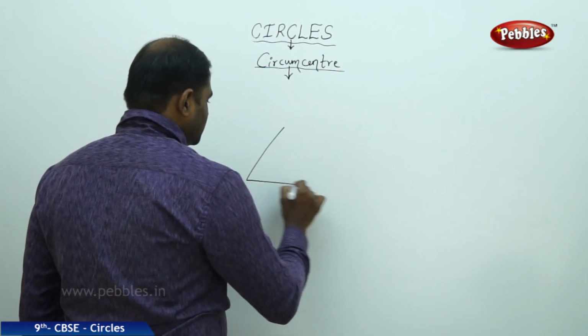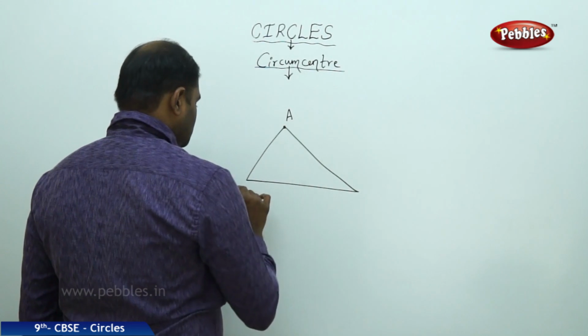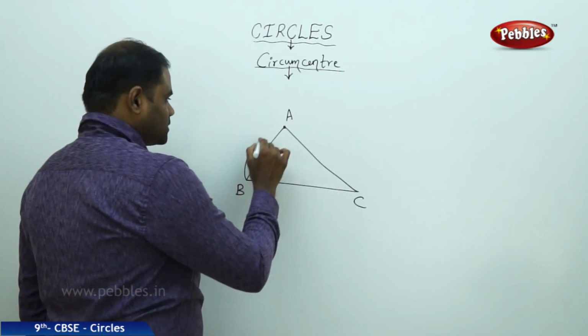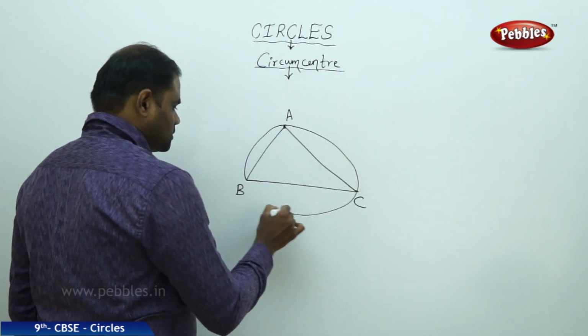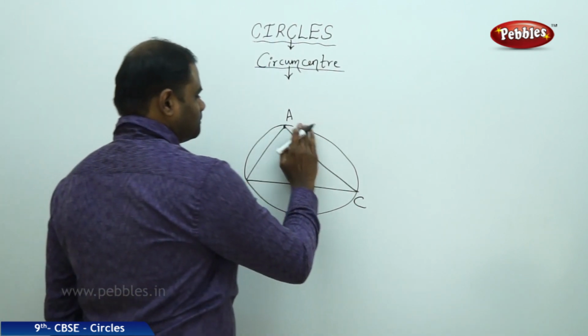Here I have a triangle A, B and C, and here I have a circle which passes through all three vertices of the triangle.